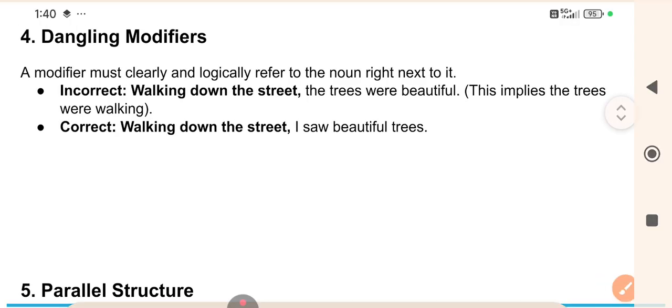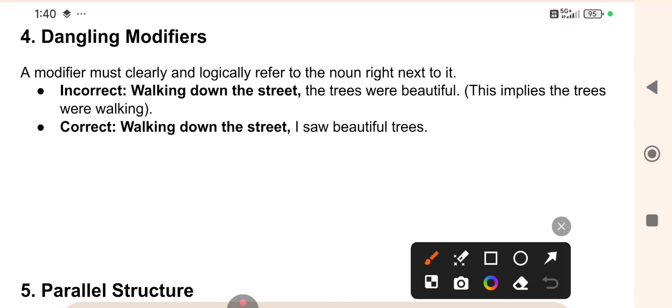Next problem, dangling modifiers. The modifier must clearly and logically refer to the noun right next to it. Means walking down the street. Generally, these are the ing form which is called gerund.